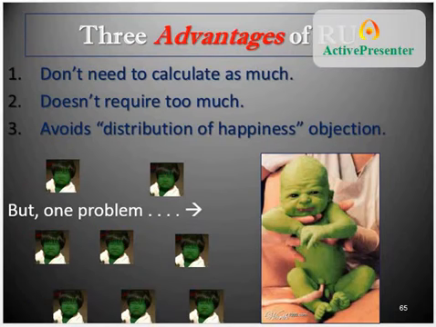The three advantages of rule utilitarianism. You don't need to calculate as much. So with the pink pet example, I've got to know Jason's financial situation with his mom and all this stuff to know how easy it is for his mom to replace that $1 pink pet.